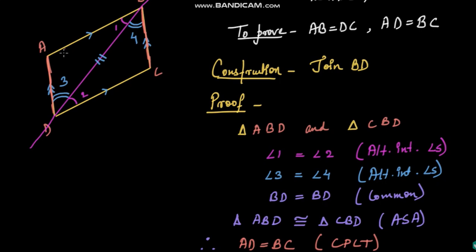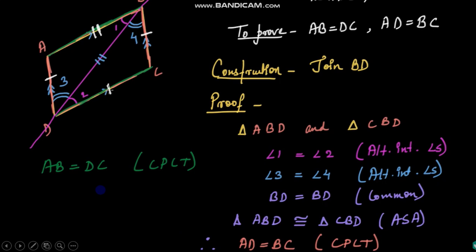So according to CPCT, AD is equal to BC. Again by CPCT, AB is equal to DC. Hence we have proved that in a parallelogram opposite sides are equal.